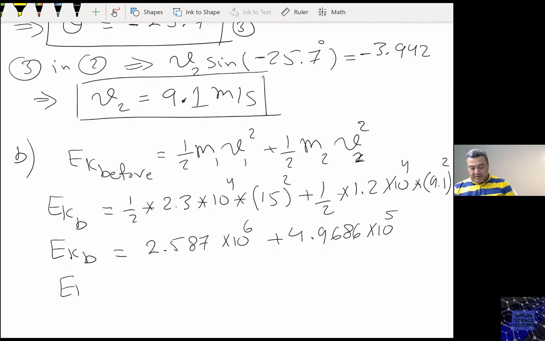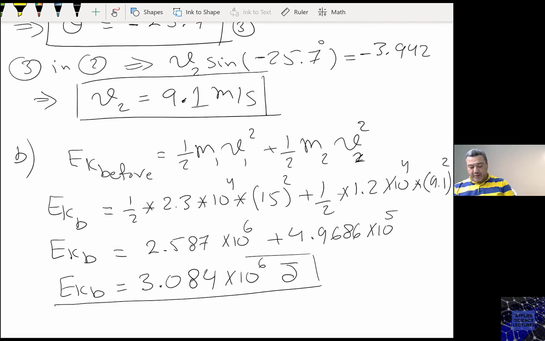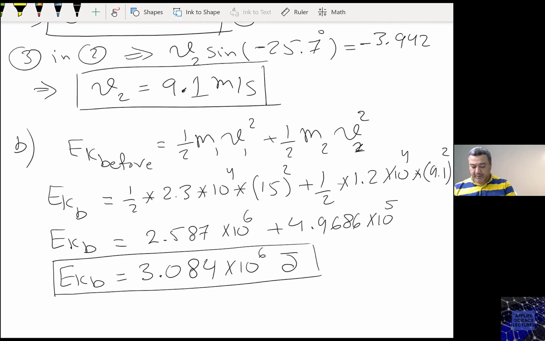Then EKB is 3.084 times 10 to the power 6 joules. This is the total kinetic energy before the collision.